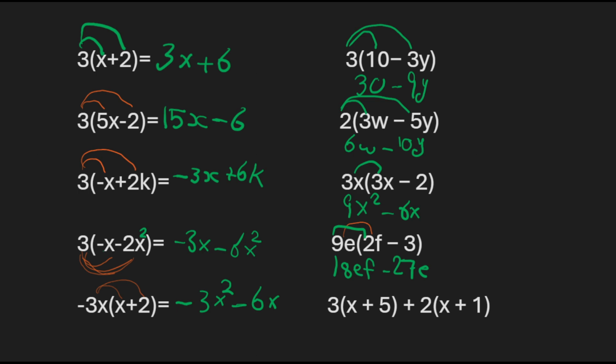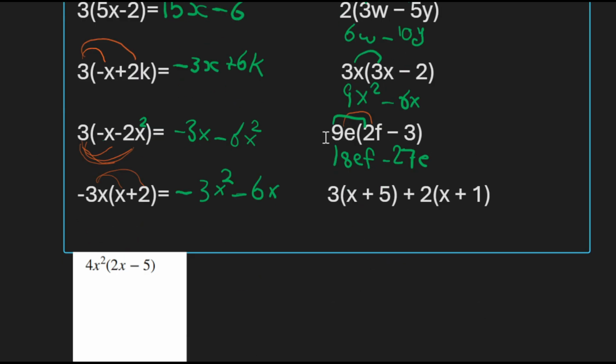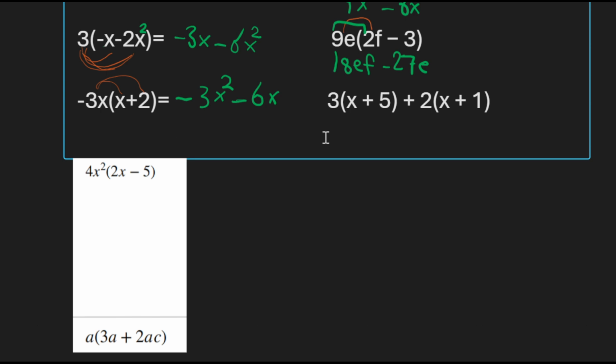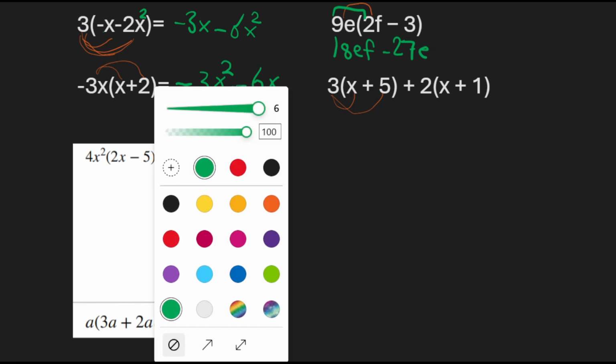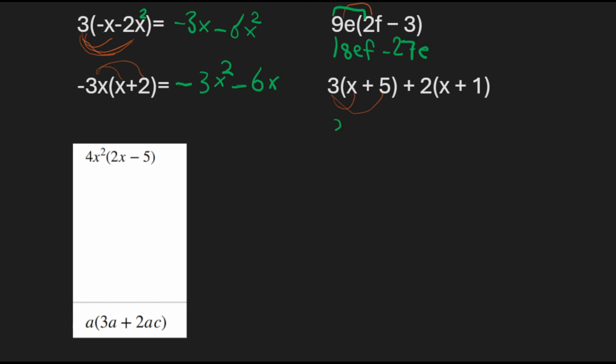Now look at this next question here. We just move this up a little bit. Now, for this question, it's expanding brackets and then collecting like terms together. So I'll just do the expanding brackets part. So for this first bracket here, I'll do 3 times x and then 3 times 5. So 3x, 3 times 5 is 15.